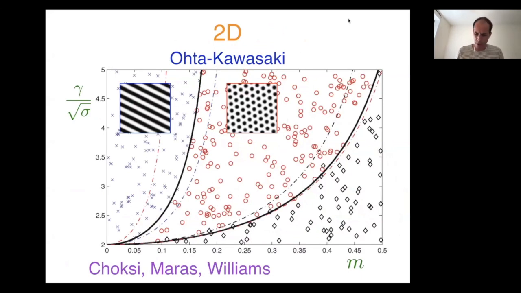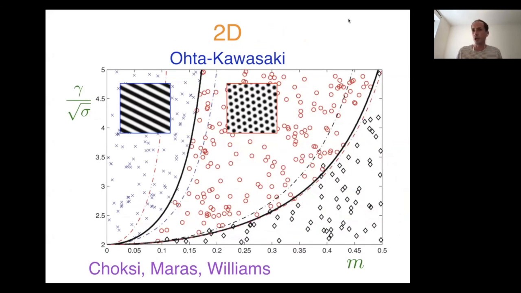Here is some numerics in 2 dimensions by Choksi, Maras, and Williams. Now I'm going to try to explain in a little bit of detail what this picture represents. The parameter space here is 2-dimensional, and I said before there were 3 parameters, m, gamma, and sigma.